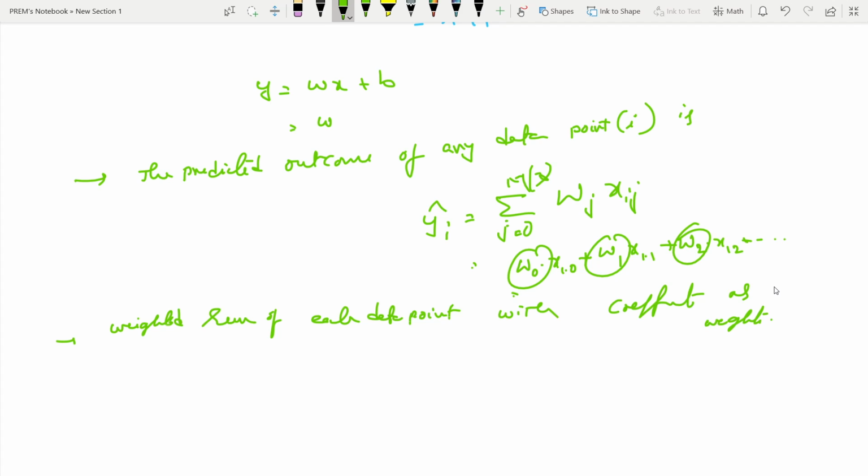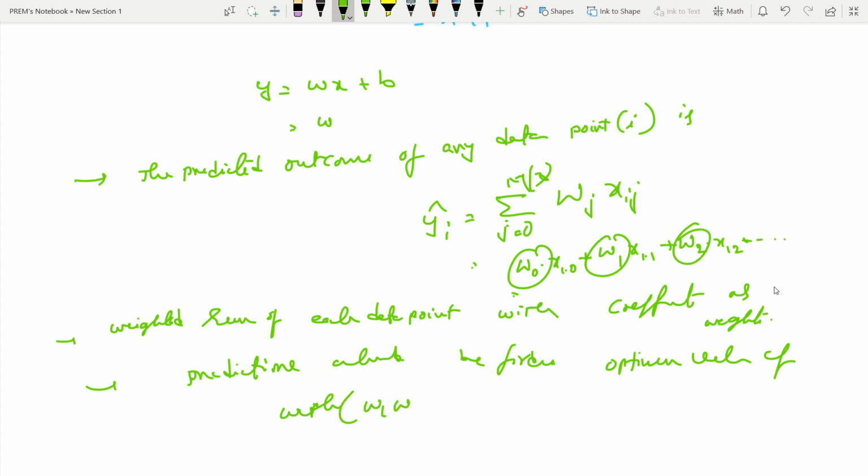So the predictions can be achieved by finding the optimum values of the weights. Weights means w0, w1, w2. We have to find the optimum values of these weights based on some kind of criteria. So it depends upon the regression algorithm.